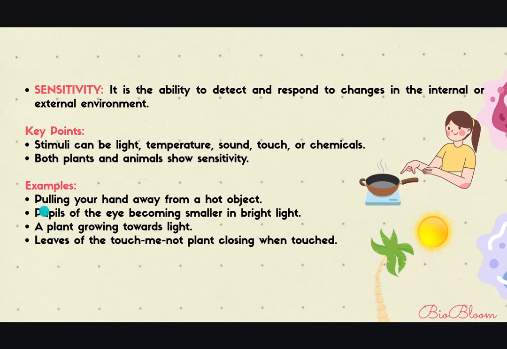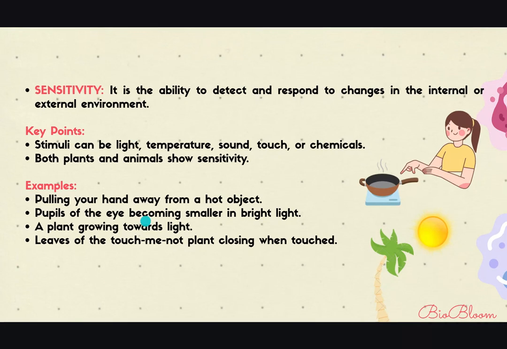Another example that you can use to understand sensitivity better would be, let's suppose, when you walk into a room that is very bright. How do your eyes respond to it, or how does your body respond to it? Well, the pupils of your eye become smaller in bright light. So that is your response to the stimulus, which was bright light.